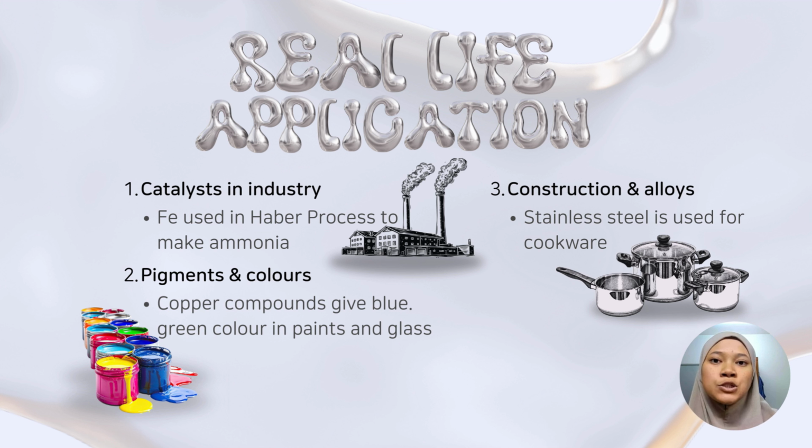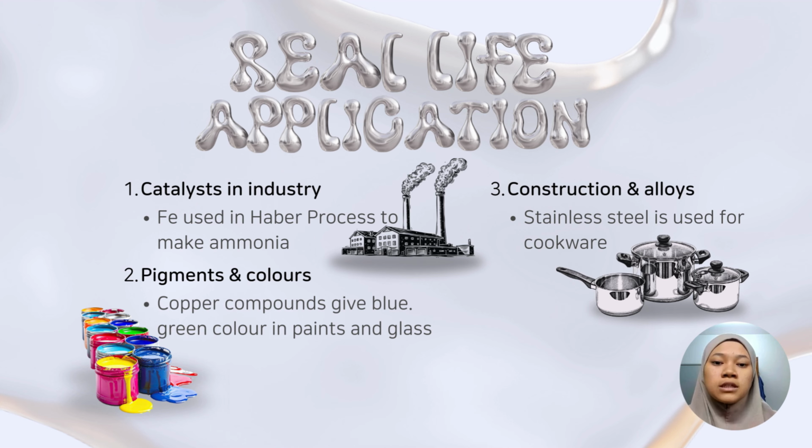Firstly, transition metals are widely used as catalysts in industry. For example, iron is widely used as a catalyst in the Haber process. It is important in the industrial process to produce ammonia, which is mainly used in the manufacture of fertilizers.